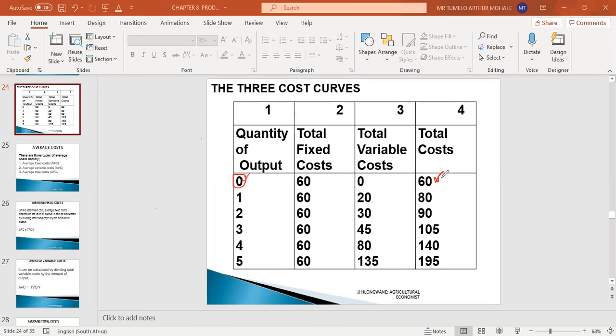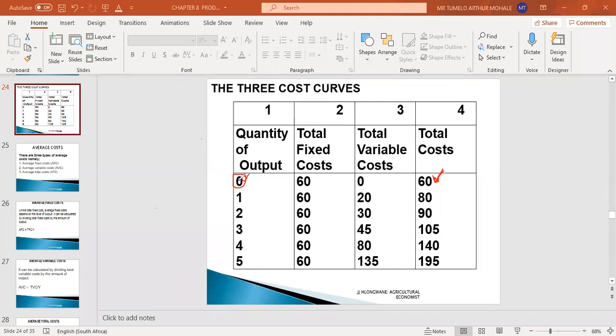How possible is that? You are a farmer, you are not producing, but you are being charged. There is a certain amount that you are paying. What is it for? Do you see what I'm talking about here? The output is 0, so at output 0, it means that production does not take place.